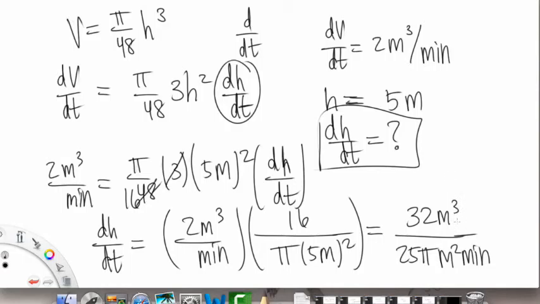We can cancel out a meter squared, both top and bottom. So our final answer is going to be 32 over 25 pi meters per minute.